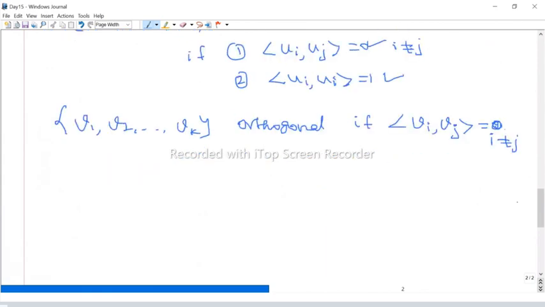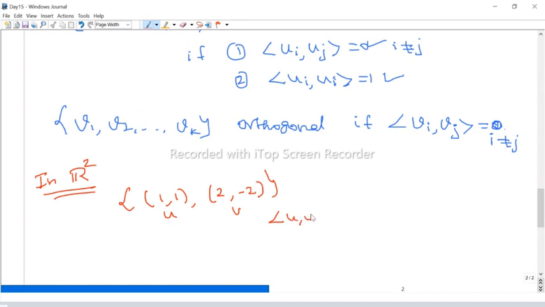For example, in R2, can anyone tell me an orthogonal set? Suppose I take (1, 1) and (2, -2). These two are orthogonal, where this is the u vector and this is the v vector.